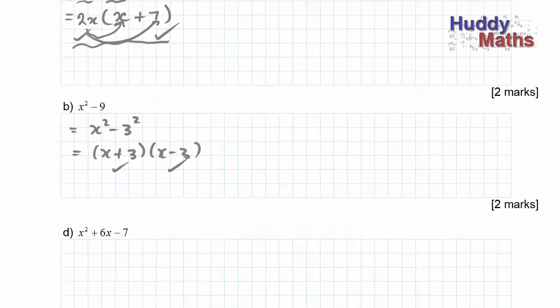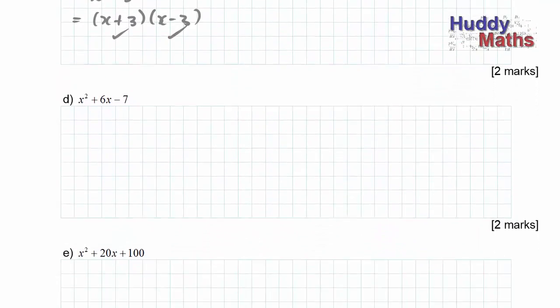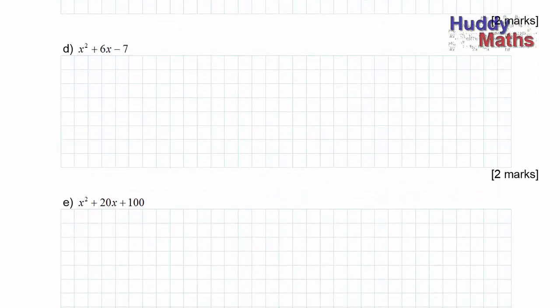Just coming down here, x squared plus 6x take 7, you might recognise that as a FOIL type problem, and so here 7 is plus 7 take 1, 2 numbers to multiply together to give neg 7, and the winning number has to be positive, so the larger size number, here the 7, must have been positive. So you're just doing a checking of FOIL there. Okay, 1 for each bracket.